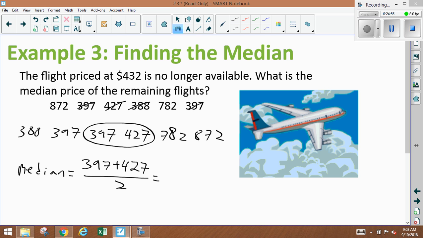Is it 412 exactly? Thank you. So the median price is 412.